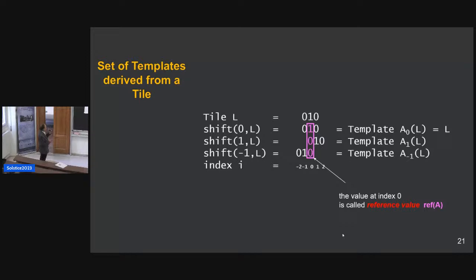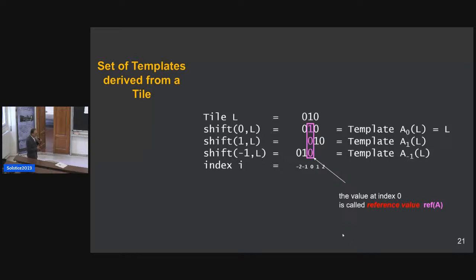This is a simple tile, 0, 1, 0. And what we do, we are shifting the tile to the right, to the left, any possible shifts which are useful, and we shift the tile to any position, and we receive the set of templates.